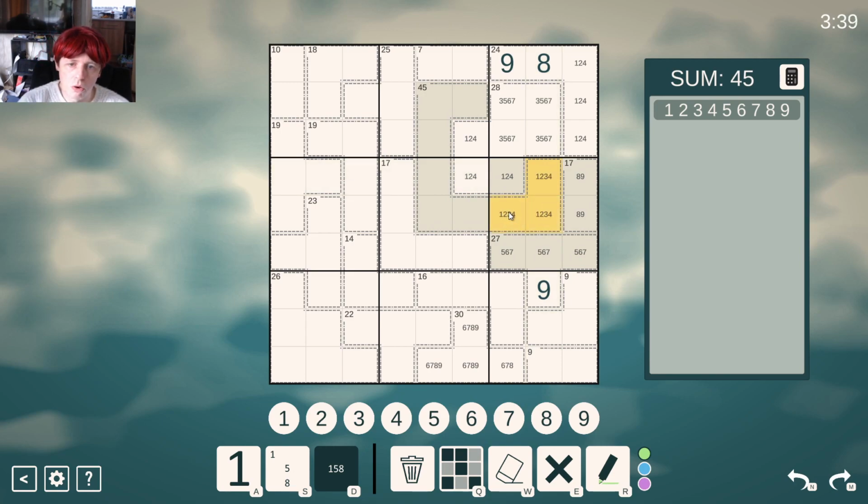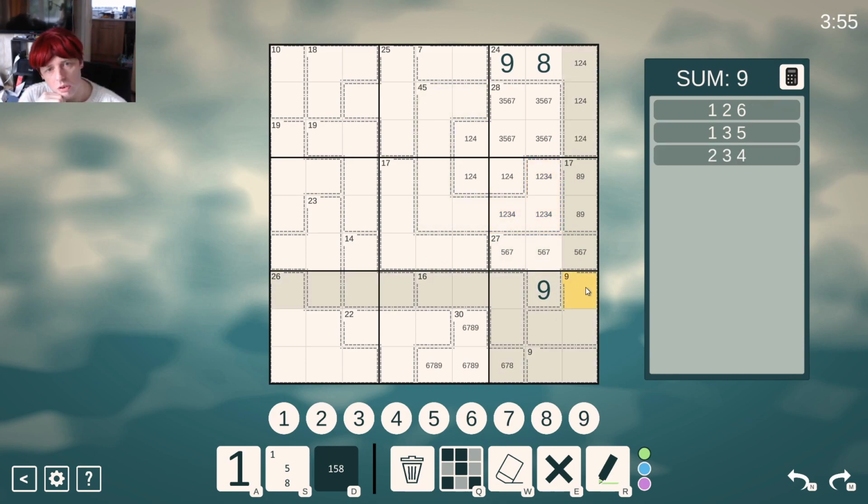One, two, three, four are all that can fit in that part of the 45 arc thing. 1, 2, 4, 8 and 9 are gone. So 3, 5, 6 and 7 are all that is left.